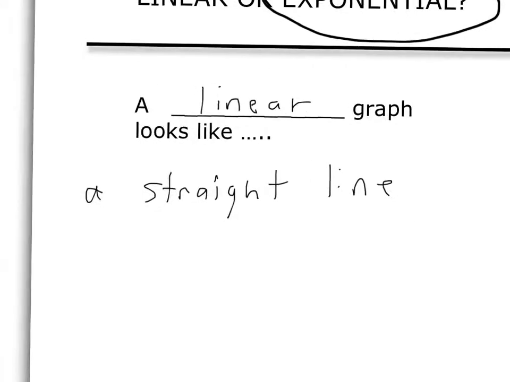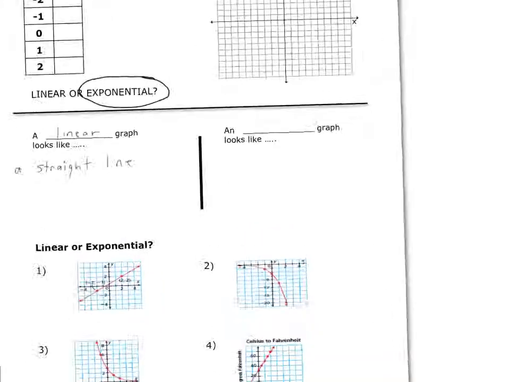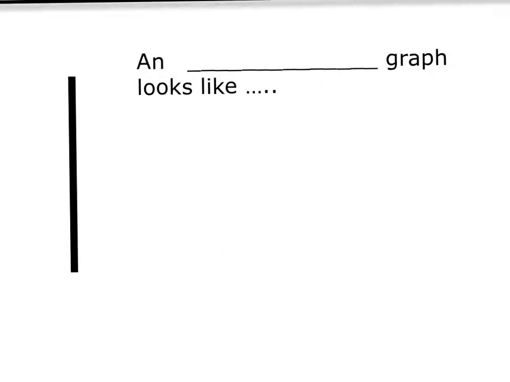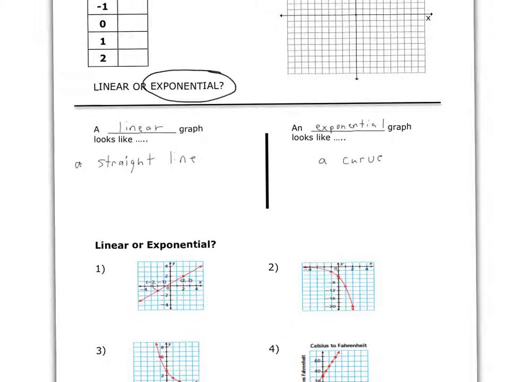Now your second type of graph is going to be an exponential graph. It always looks like a curve. We talked about this yesterday a little bit. Okay, so a linear is straight, exponential is a curve.